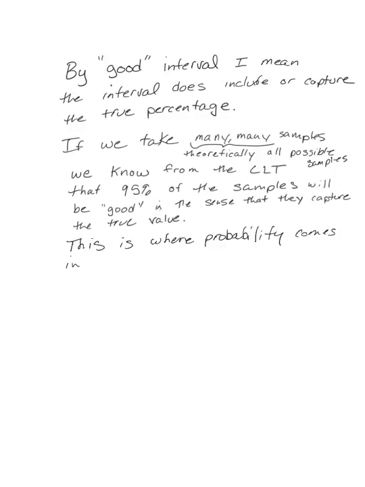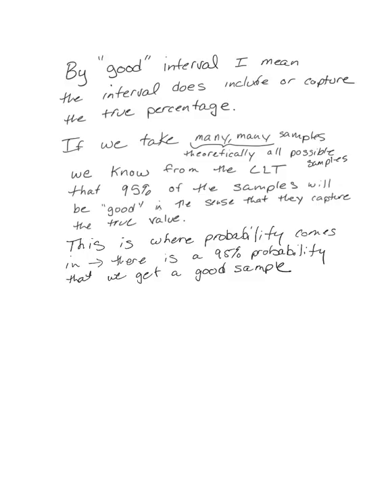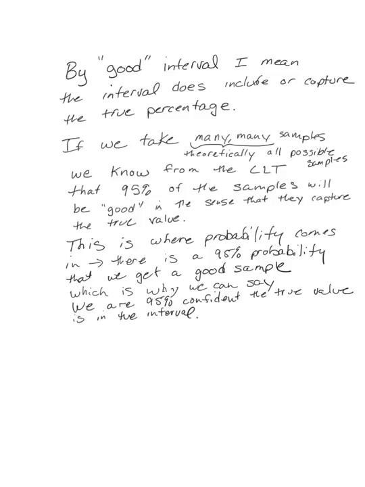This is where probability comes in. There is a 95% probability that we get a good sample, which is why we can say we are 95% confident that the true value is in the interval.